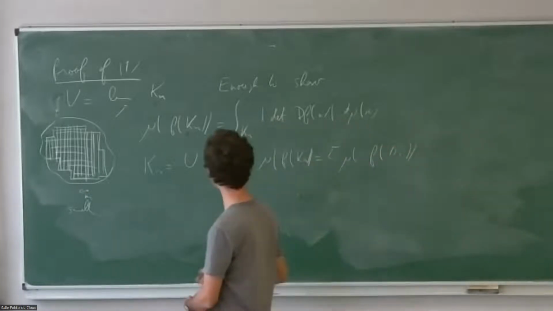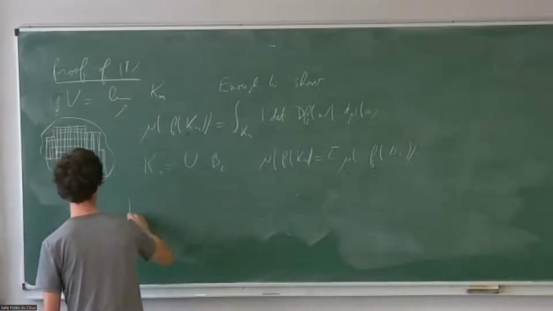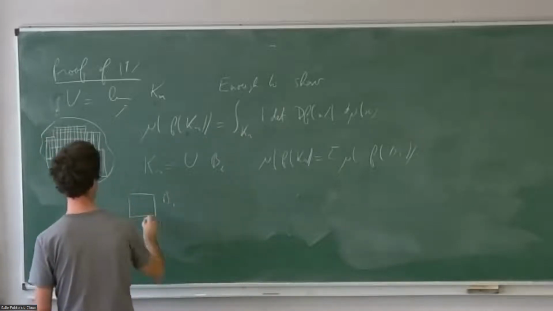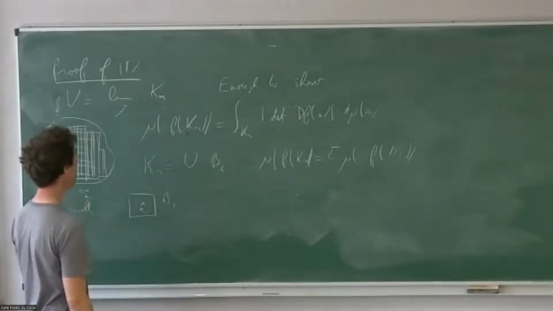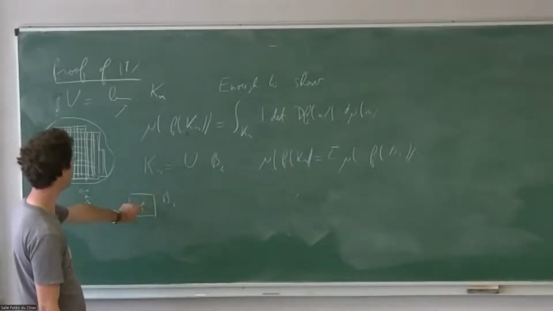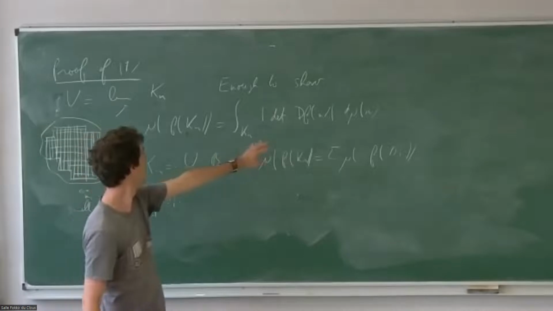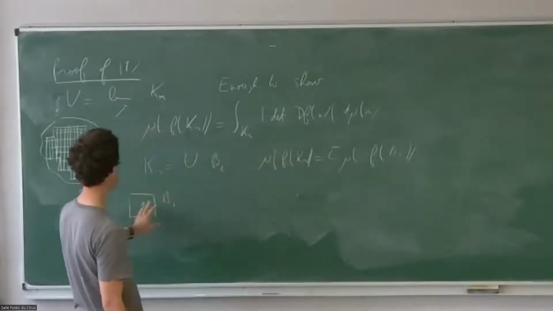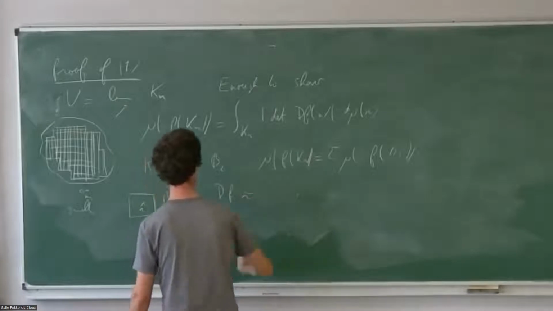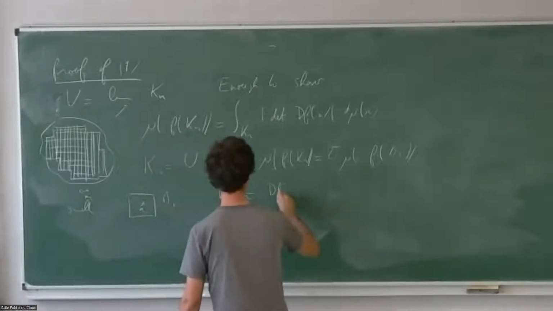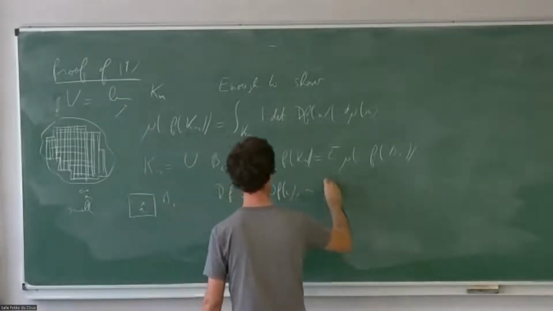And what is f of B_i like? Here is B_i. I take a point x_i inside. And then here on B_i, df is extremely close to df of x_i on this side.